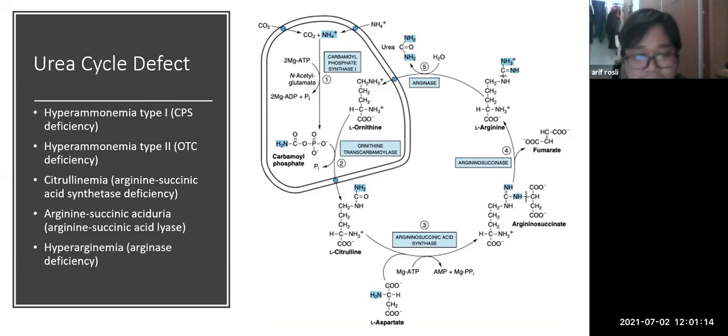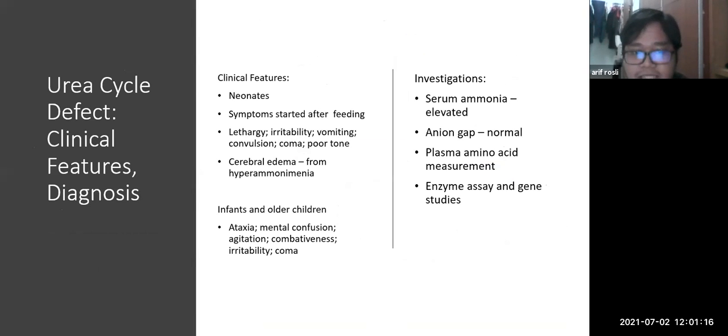Usually urea cycle defects present in neonates. Symptoms start after feeding, with lethargy, irritability, vomiting, convulsion, coma, and cerebral edema due to hyperammonemia. Infants and older children may come with ataxia, mental confusion, later agitation, combativeness, irritability, and lastly coma.